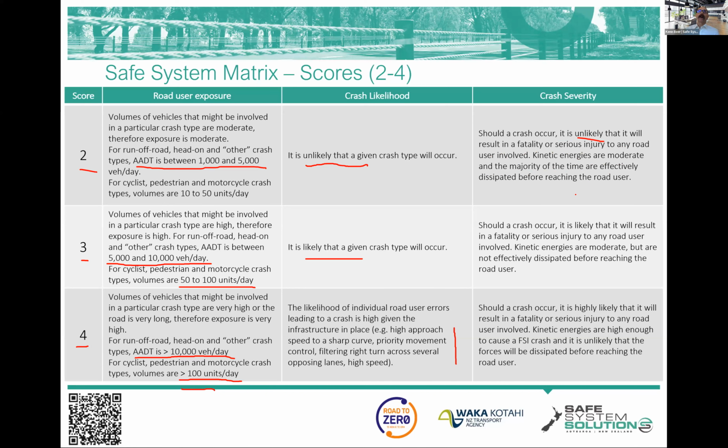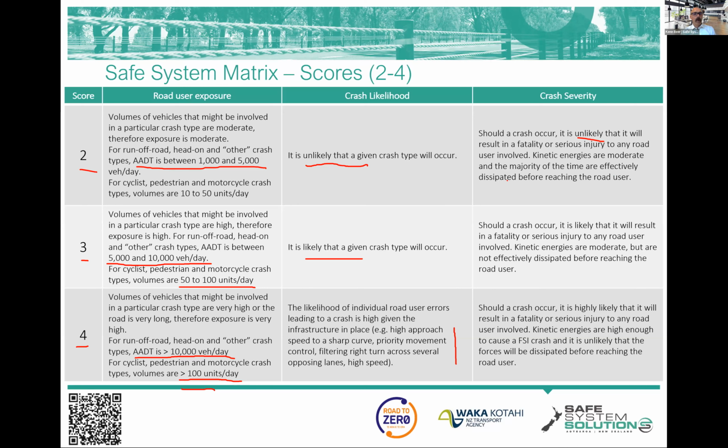So what does that mean? That means that maybe it hits a barrier and runs the energy out over time, maybe a crash cushion absorbs the impact energy, or maybe it's just low enough that it's going to hit the vehicle and its crumple zones, airbags, seatbelts and everything are going to be enough to stop it really reaching that road user.